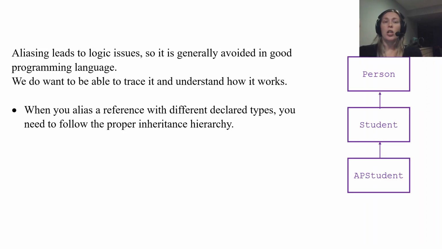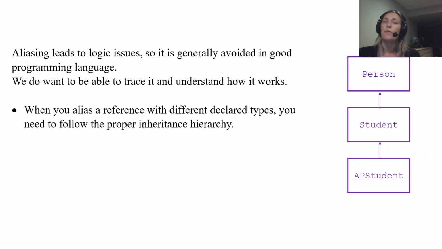So when you alias a reference with different declared types, you need to make sure that you follow the inheritance hierarchy. With Karen and Ken, they were both students, so it's business as usual. We don't like aliasing, but that's just what it is. But you can do it legally with mixing types in an inherited relationship.